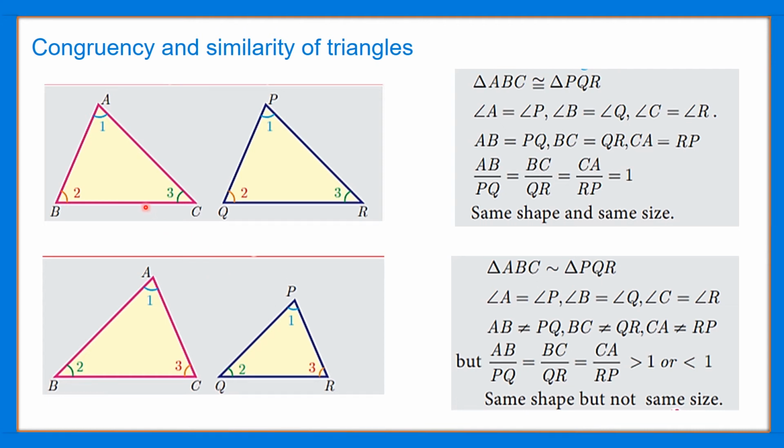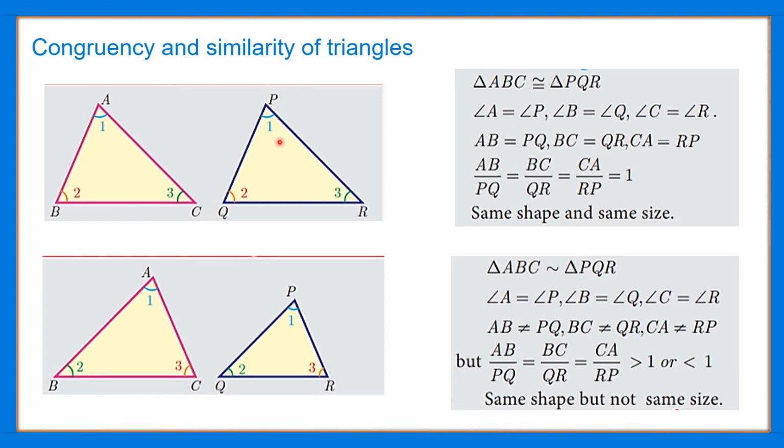In the first set of figures, that is triangle ABC and triangle PQR, we are able to see that angle A is equal to angle P, angle B is equal to angle Q, angle C is equal to angle R. And also AB is equal to PQ, BC is equal to QR and CA is equal to RP.